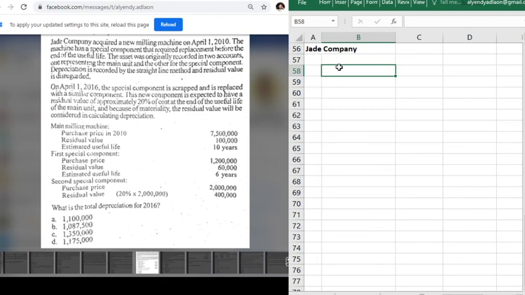So what is the total depreciation for 2016? So class, let us start with our main milling machine. For the main milling machine, we have a purchase price of 75, residual value of 100, and estimated useful life of 10 years. But class, take note of this one.